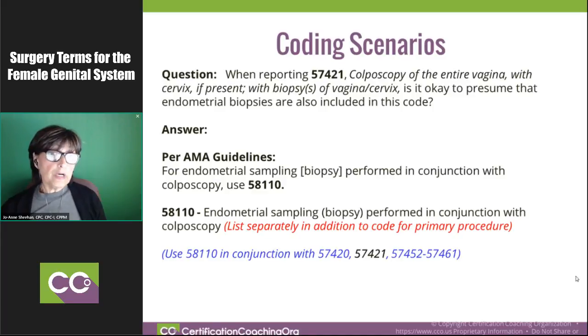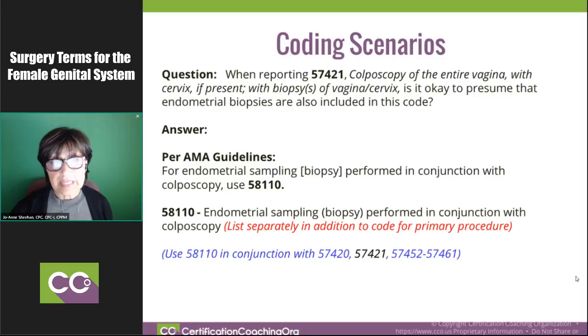Now, when reporting 57421, colposcopy of the entire vagina with cervix if present, with biopsies of the vagina and cervix, is it okay to presume that endometrial biopsies are also included in this code? Per the AMA guidelines, for the endometrial sampling or biopsy performed in conjunction with colposcopy, use the 58110.